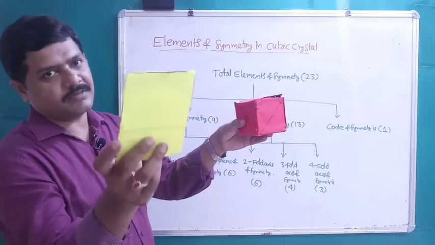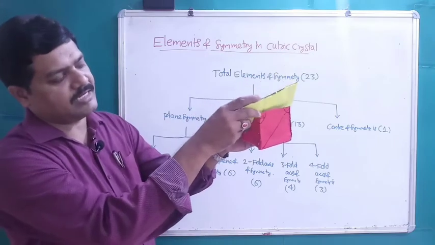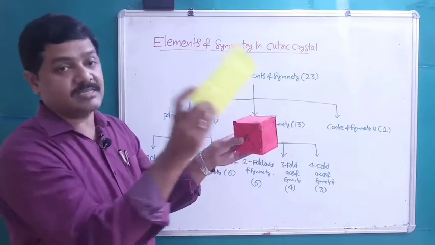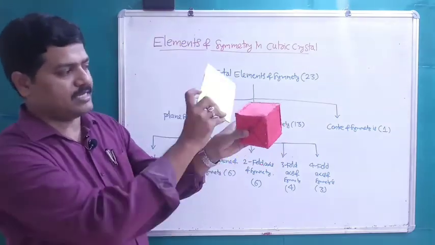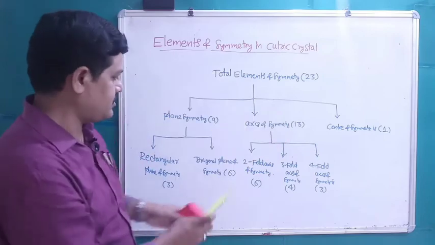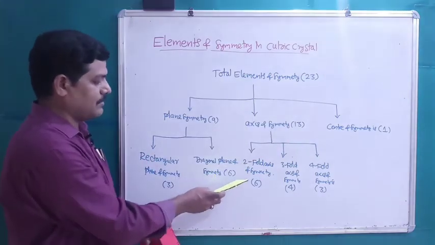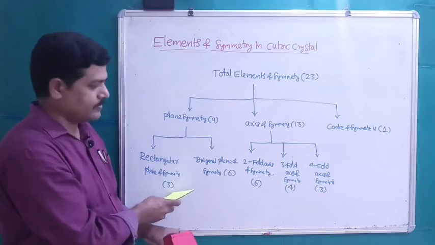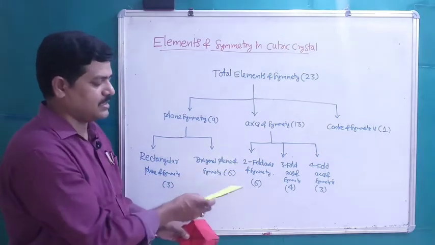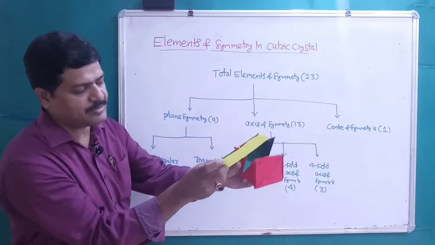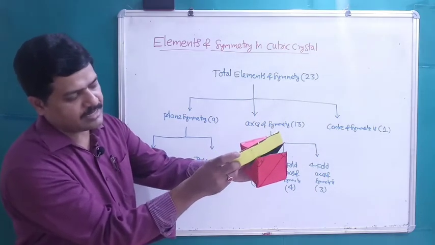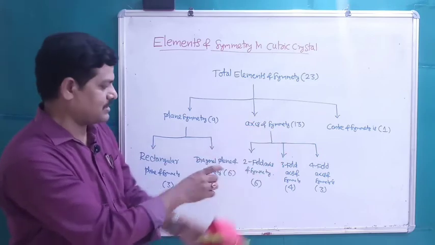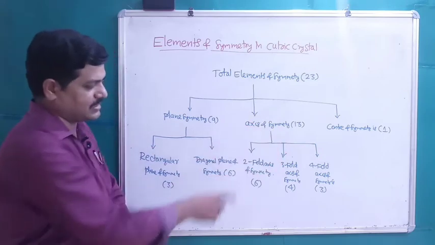So the planes passing through the opposite edges, when there are 12 edges, 6 such planes are possible. So diagonal plane of symmetry is 6, and rectangular plane of symmetry is 3.